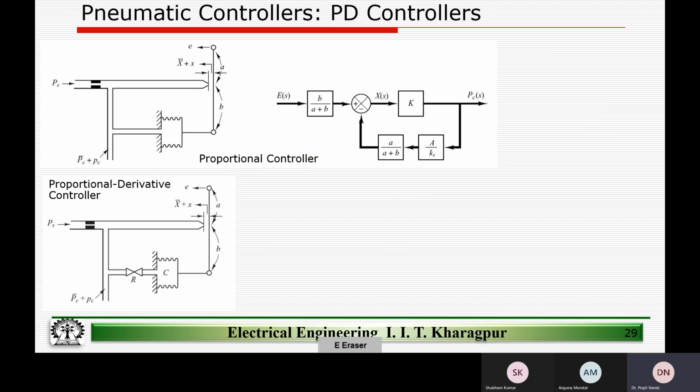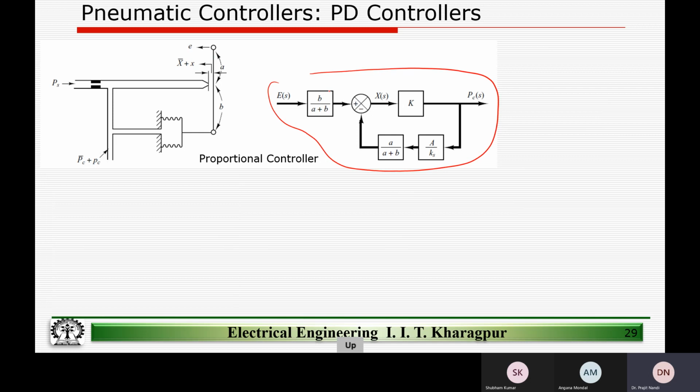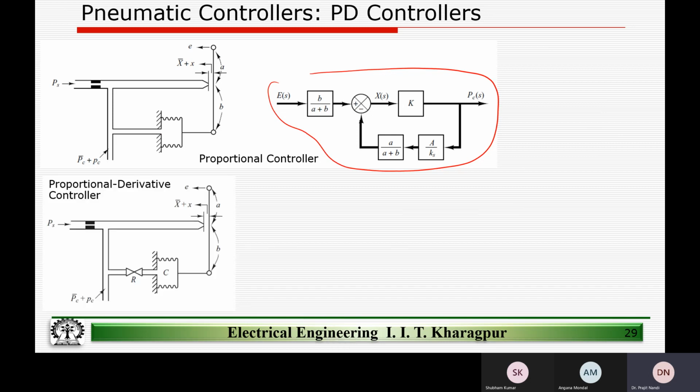No, 1 second. So no, this we actually had discussed, right? In the proportional controller for the displacement type, this we had discussed, right? So this was our displacement type, force distance type controller that we had discussed in the previous slide, right? So this is a proportional controller.